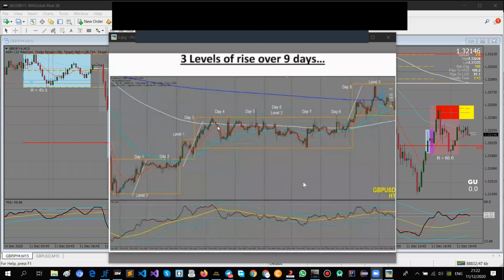And usually when you see consolidation and accumulation on the H1 time frame, just know that the levels are not done yet, and using the other rules that we'll be talking about, you can confirm that the levels still need to be counted and the price is going to continue going either up or down. Either it's going to continue to rise or continue to drop.